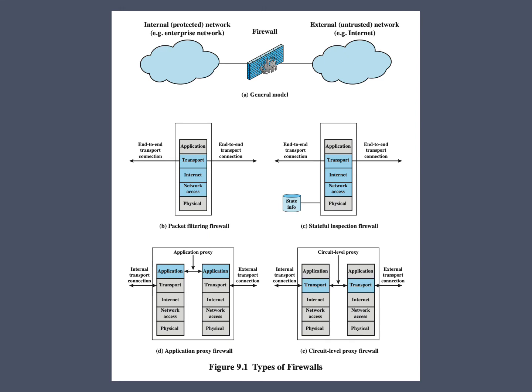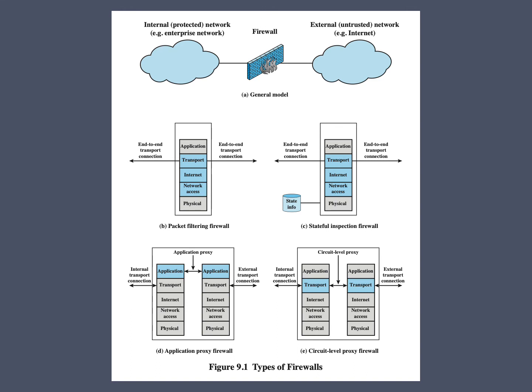Then we have two other kinds of firewall called application proxy and circuit level proxy. The application level proxy firewall simply looks at the content of the application. So if it's an HTTP, SMTP, or FTP protocol, it will verify that the content of the packet really is what it claims to be. Again, we have a proxy server here.